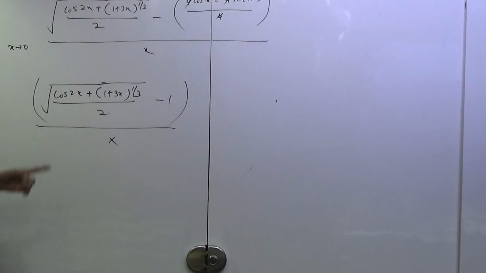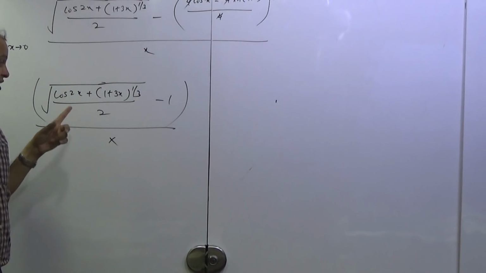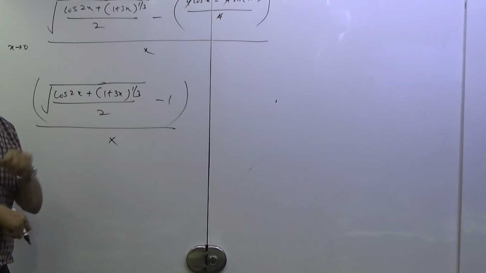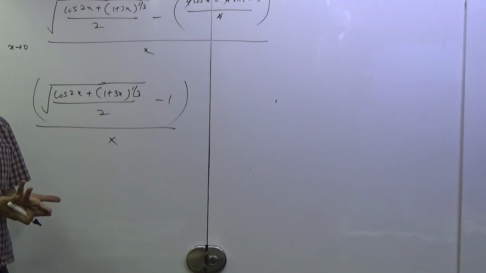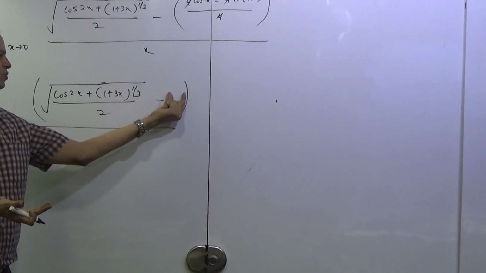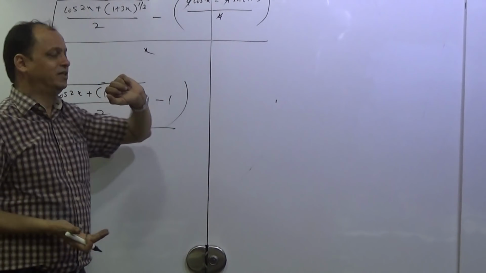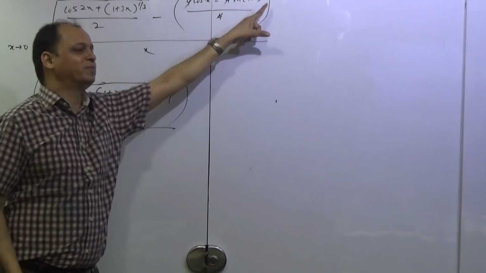Then again this becomes 0 by 0 form, and it is helpful also, because in this case I can rationalize it. Rationalization factor is there. This becomes 1, this is 1. So I can rationalize it. Here I can't rationalize because of one reason: here the power is 1 by 2, here the power is 1 by 3.